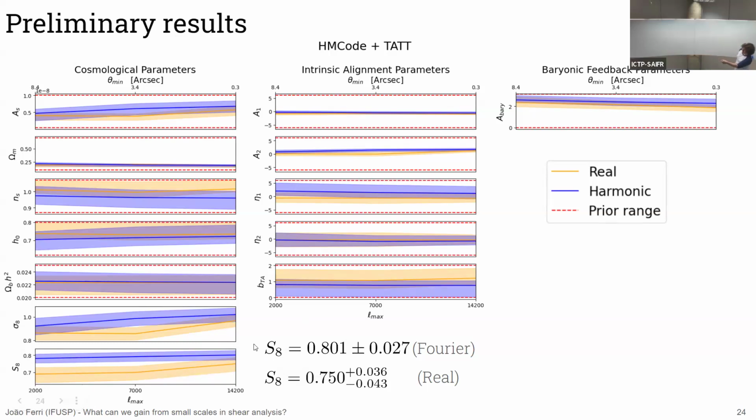The final value, if you include all data points in Fourier space, is S8 around 0.8, which is very close to the value of Planck. And in real space, the result was pretty close to Yo's result. So this means that we're probably making the analysis right. That's something good, but the strange thing is that there's a huge inconsistency between the two results.